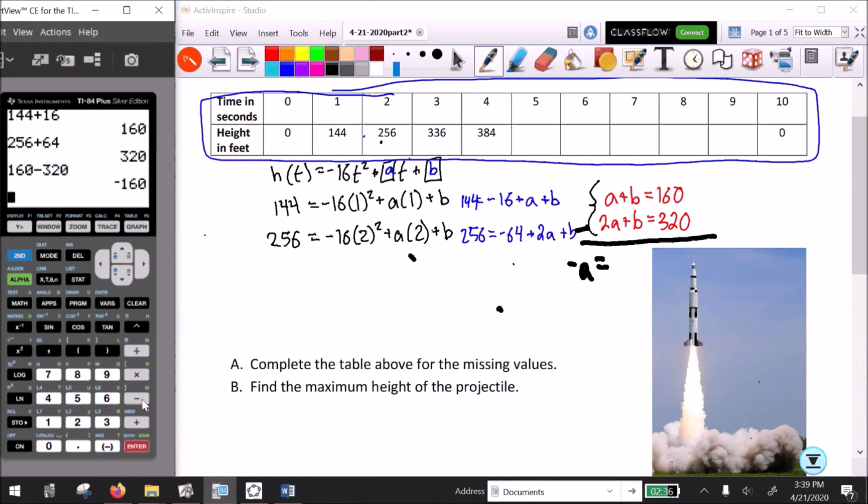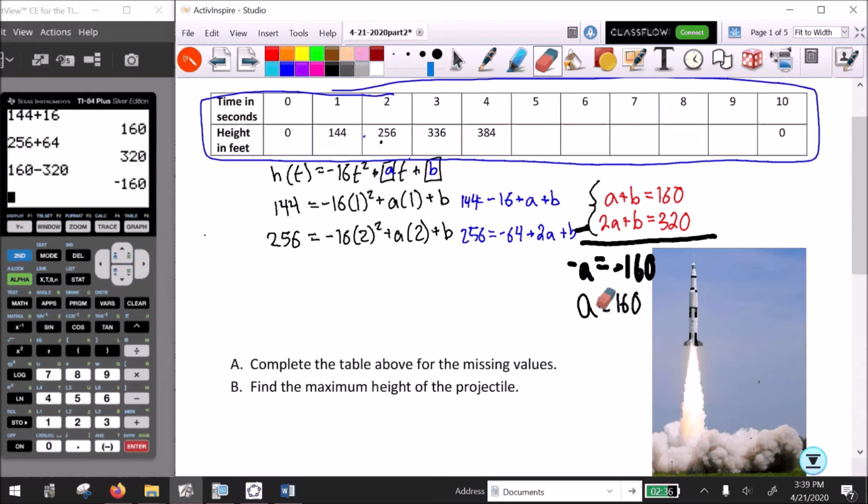320 is negative 160. So we get that A is equal to positive 160 by dividing both sides by negative 1. And then we had that previous equation, A plus B is equal to 160.